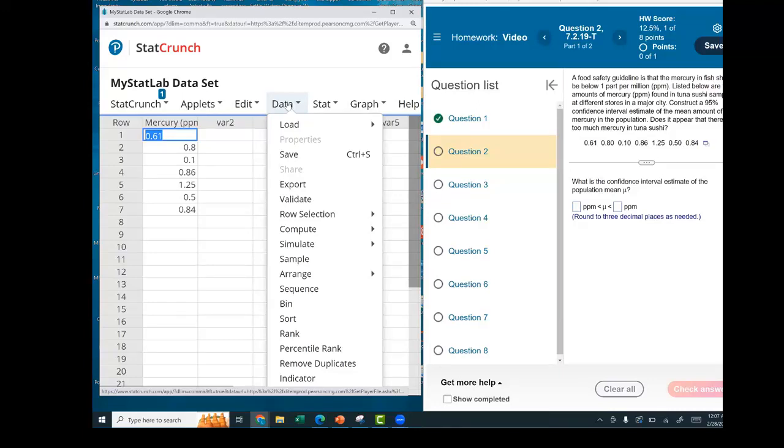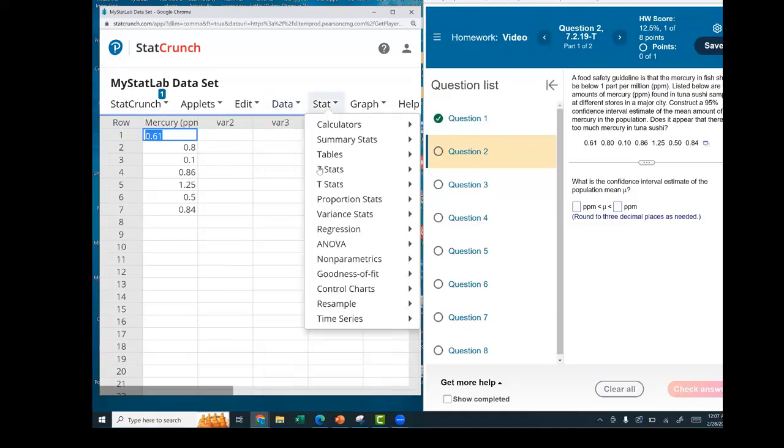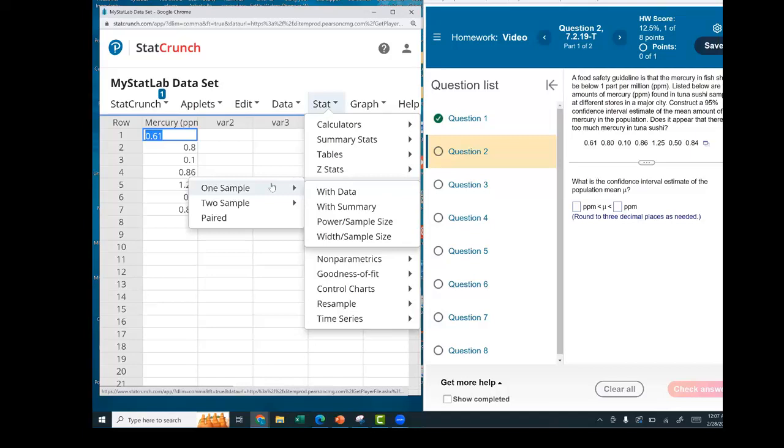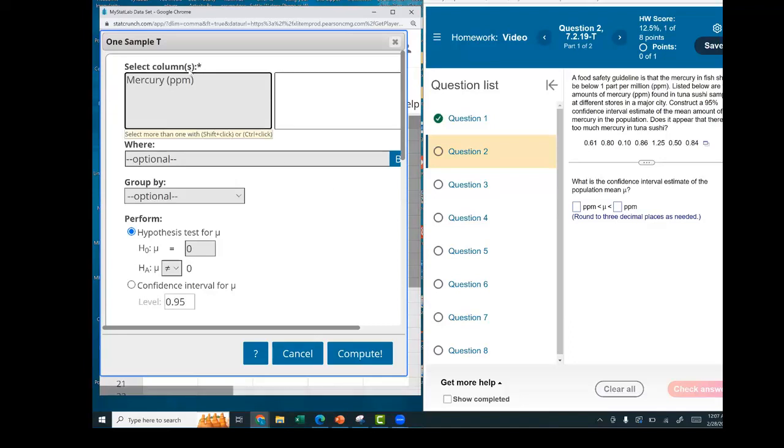Well, we're going to need a T-score because we don't have 30 numbers. We did say it's normally distributed, but we don't have very much data. So we're going to use our T calculator, 1 sample with data. There's my data.